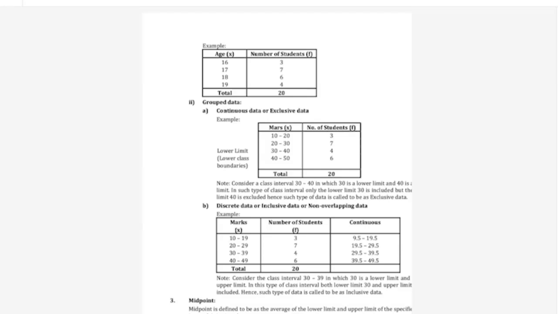Suppose if the student has scored 24 marks, that will be recorded in. Correct, perfect. 36 marks.